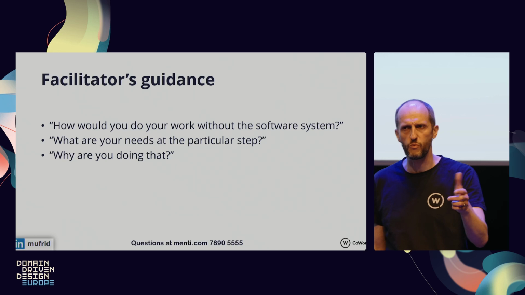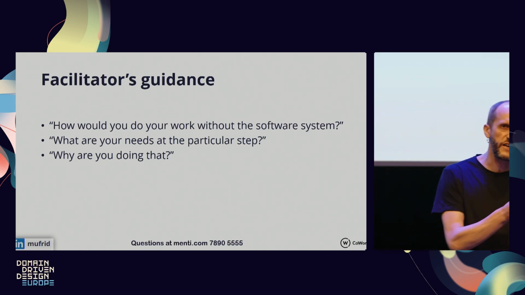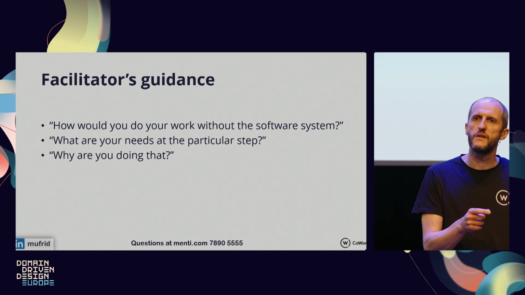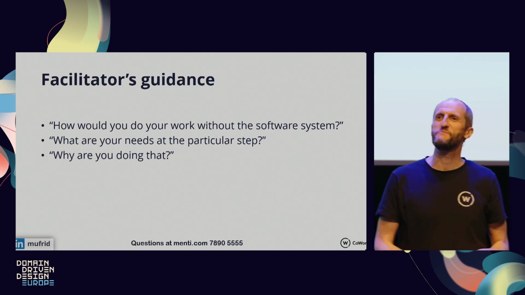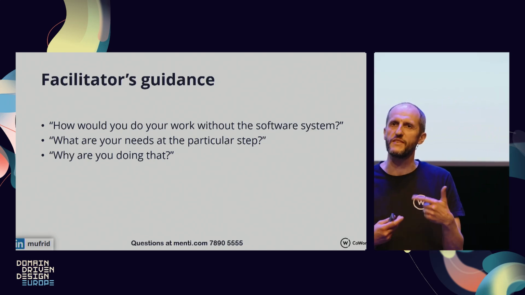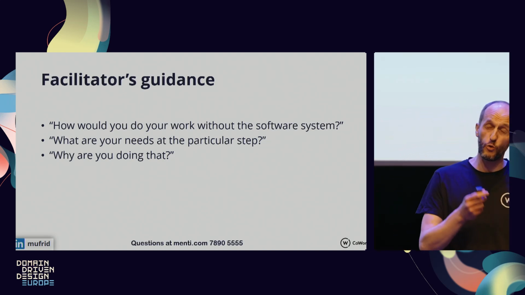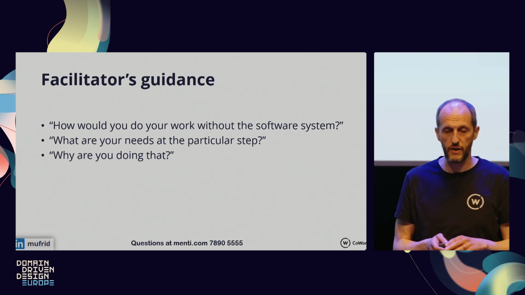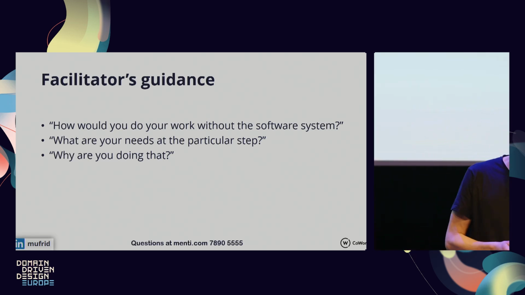Those kinds of questions. Why are you doing this? For each step, you stop and you ask twice. Hope they don't get annoyed, of course, but you try to understand why they are doing what they are doing. And then what you visualize on your domain story is not what they are perhaps actually doing, but what they're trying to achieve.